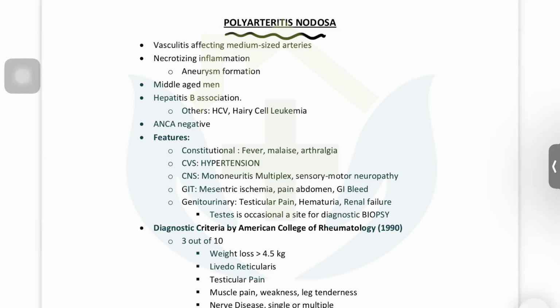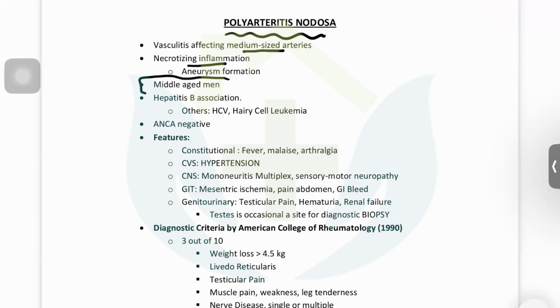Poly means multiple, arteritis means inflammation of the arteries. Nodosa means there is necrotizing inflammation. So nodes are formed inside the blood vessels which are necrotic. So it is a vasculitis affecting medium-sized blood vessels. There is necrotizing inflammation and generalized aneurysms are formed in the blood vessels.